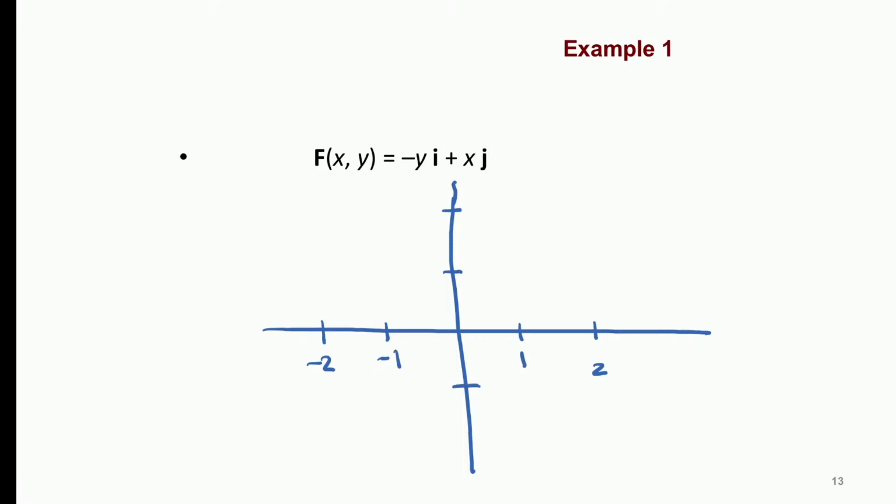And then this will be -1, -2, and this is 1 and 2. So essentially, I'm going to make a mesh of 25 points. You can see each of these dots represents a point that I'd like to sample and come up with the vector that goes to this vector field.